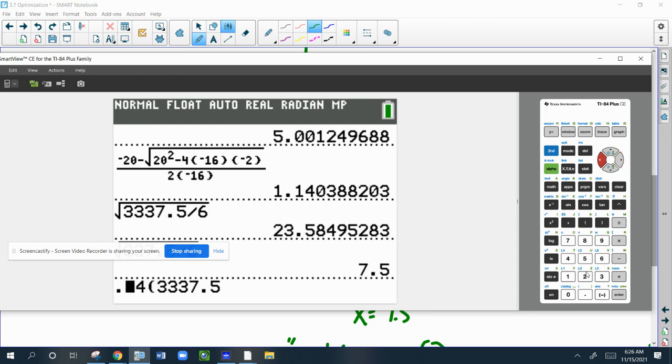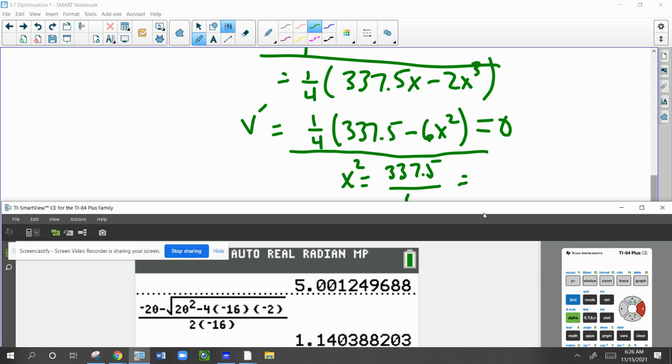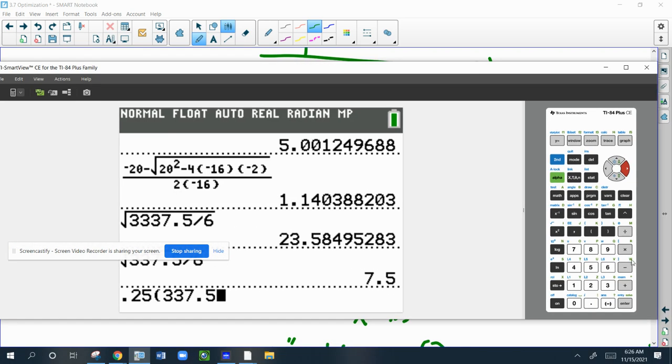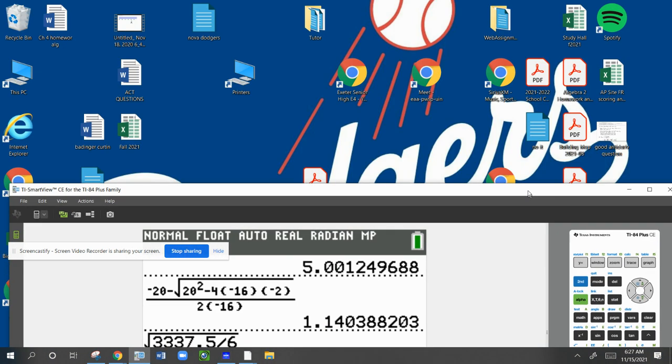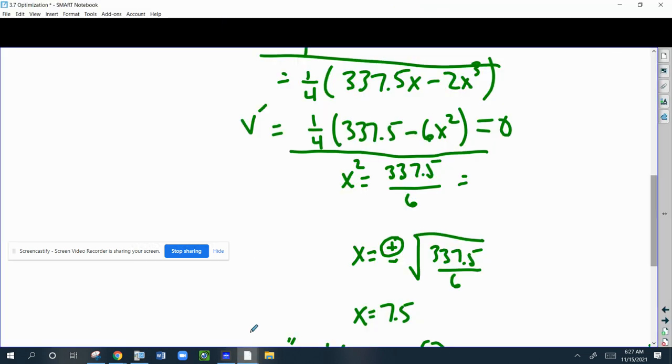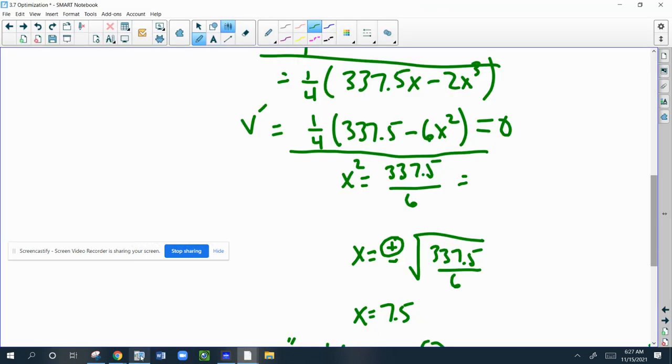Bear with me for a second. 0.25 times 337.5 times 7.5 minus 2 times 7.5 squared. Sorry about that.